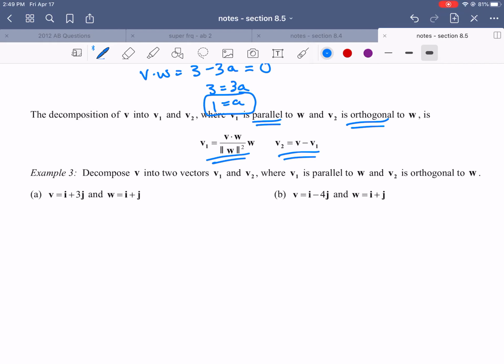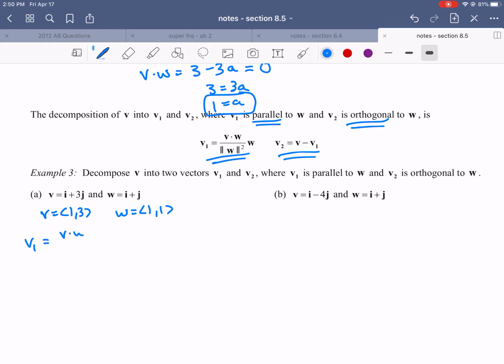So the first thing that might be helpful is just to, again, rewrite these in a different notation. So this is going to be the vector 1, 3, and w, of course, will be the vector 1, 1. And so what we're after, first of all, is v sub 1, which is going to be a vector that is parallel to w. And so the formula is given right back up here.